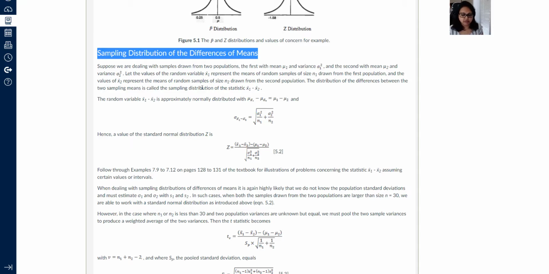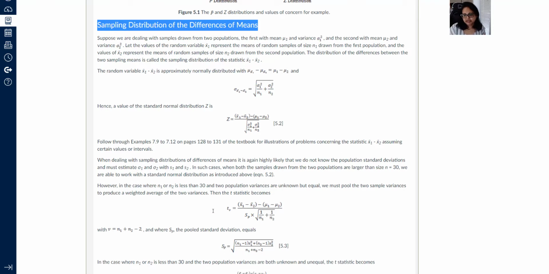Then you are trying to find the difference, whether the population means are the same, or maybe they are not the same, maybe one is more than the other. So depending on what our objective is, we can find the distribution, then we can find the probability, and we can say whether they are actually different or not using the statistic.